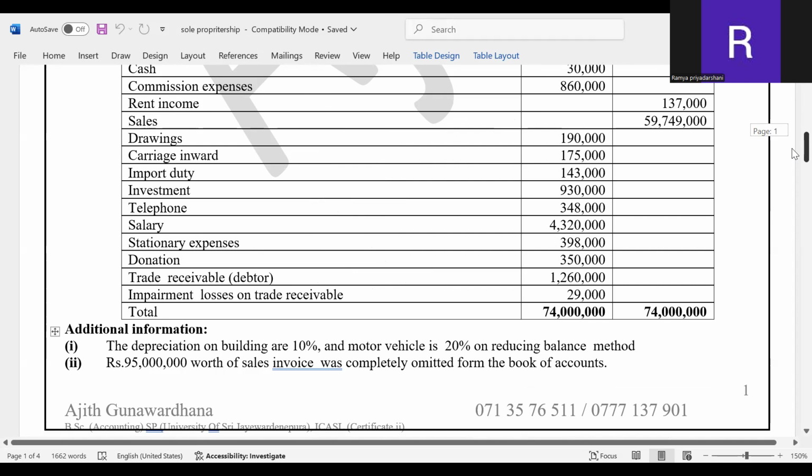Right from the beginning, try to complete additional second one, relevant for sales invoice completely omitted.